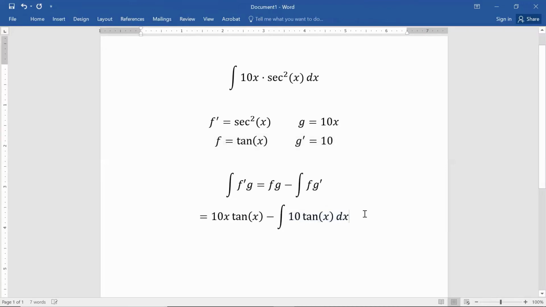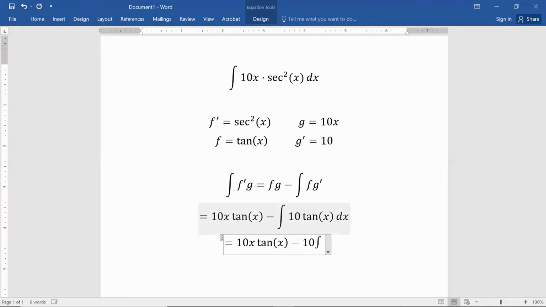The 10x times tangent x can be left alone as our first integration piece. In order to integrate tangent, it's easier to rewrite tangent as sine of x divided by cosine of x.